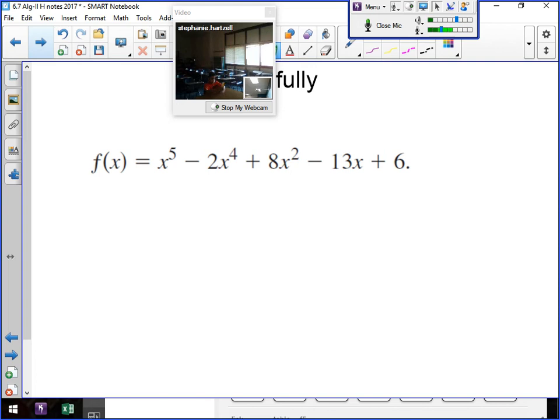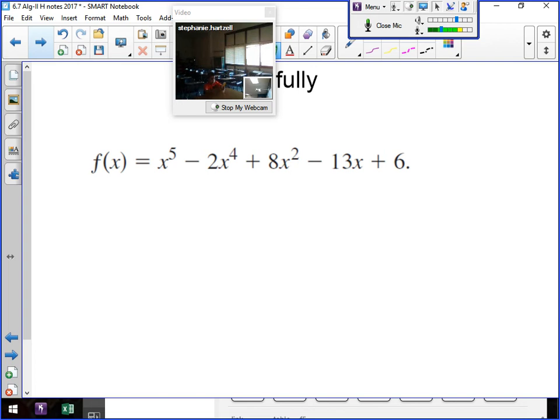Because if 2 is your 0, what's your term? If -4 is your 0, what's your term? If 2i is your 0, what else does it have to be? -2i. It had to be the square root of negative. So remember, imaginary numbers, they always come in pairs.